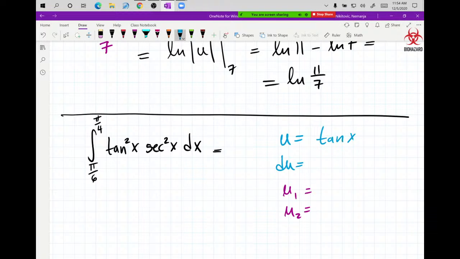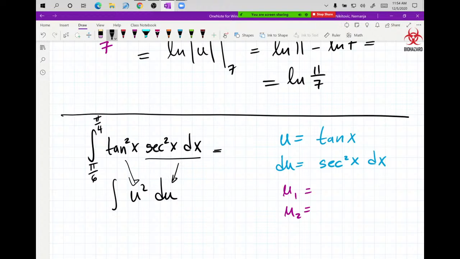So derivative of tangent x is secant squared x dx, and then you can just have u squared, because it's tangent, and if you square both you get u squared. So you have your u squared du. So tangent squared is u squared, and secant squared x dx is du.